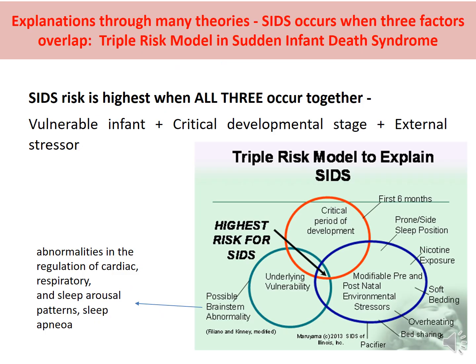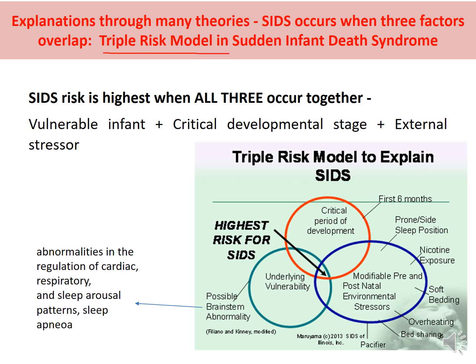Right, so now we have to learn more about SIDS. There are certain mechanisms explained for the causation of SIDS, but this is not a real causation, all right? So the mechanisms. The favorite model is the triple risk model.